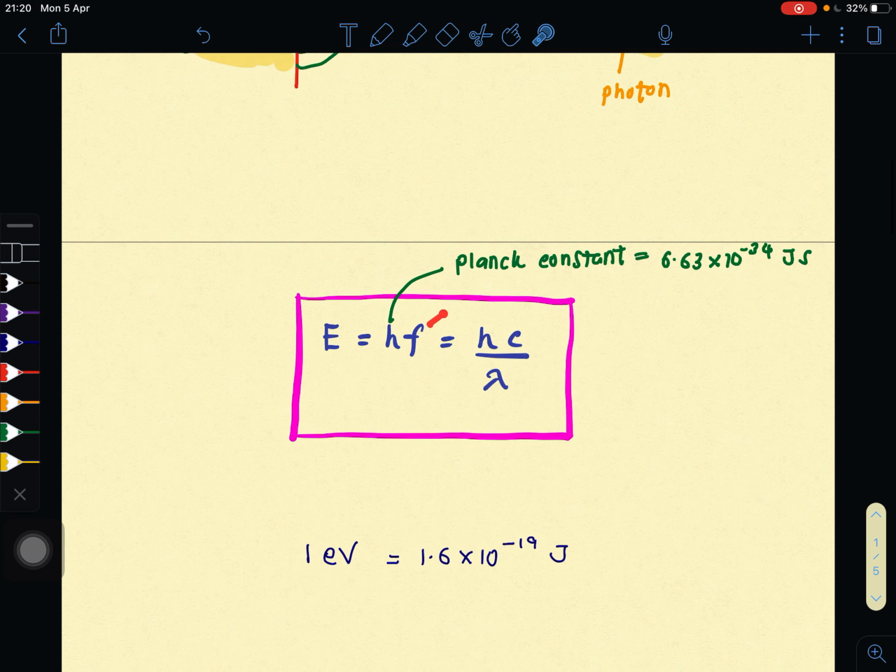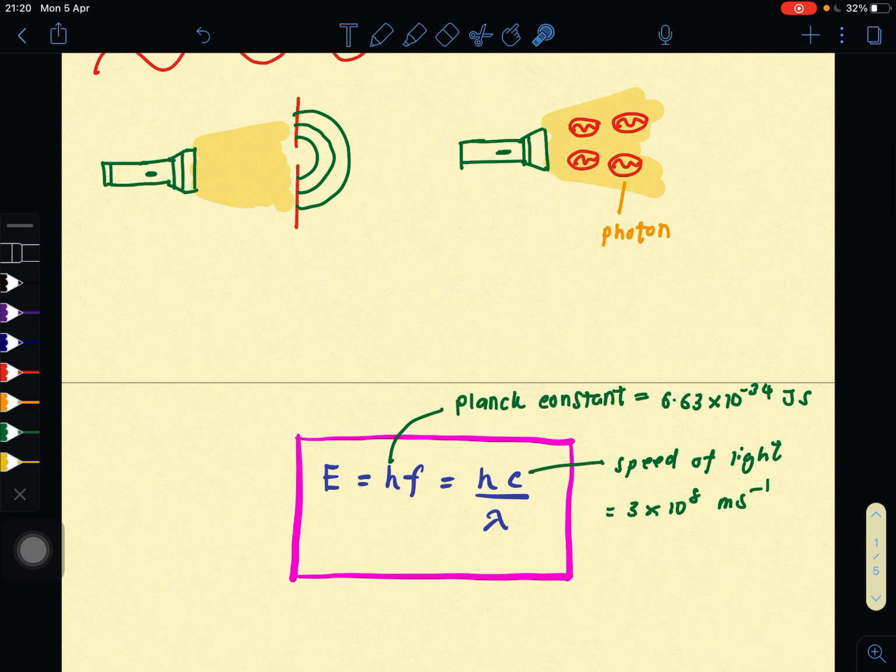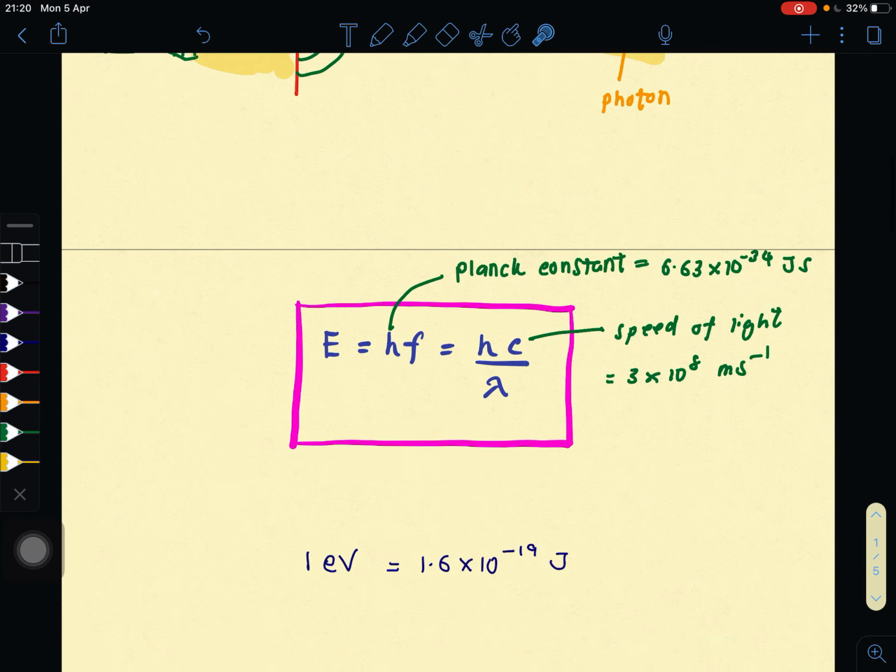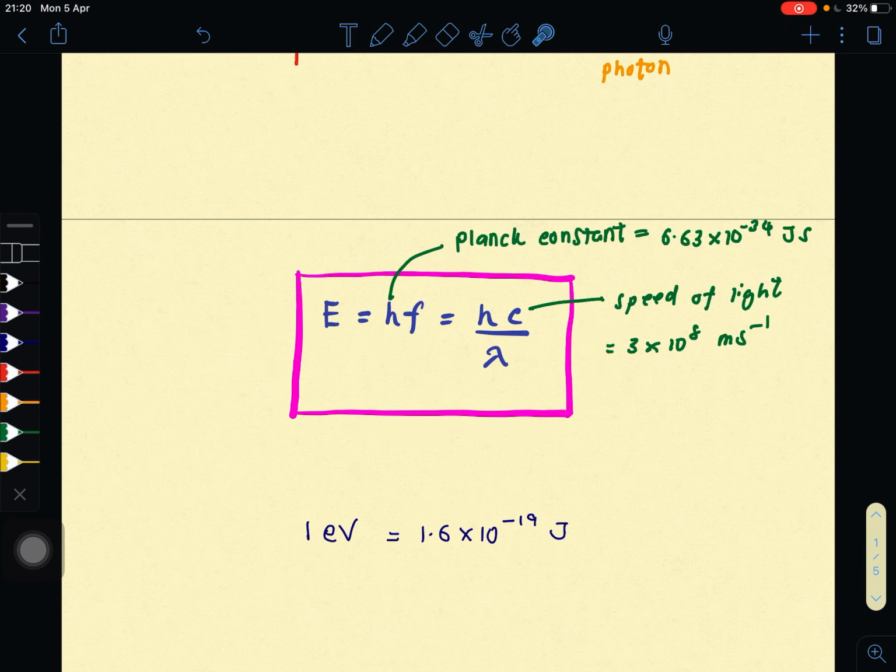And f is just the frequency, or it is equal to hc over lambda, still the Planck constant h, times c, where c is the speed of light, which is constant, equal to 3 × 10^8 meter per second, divided by the wavelength of the light. So let's say we use yellow light, there is a wavelength for this light. If we use violet light, we have a smaller wavelength. If we use red light, we have a larger wavelength. So this is the formula we will use in this subtopic.